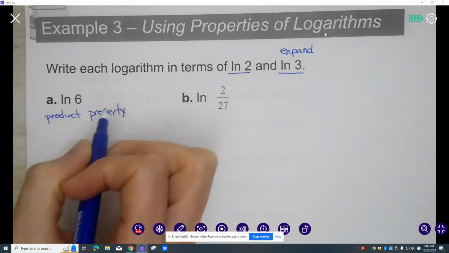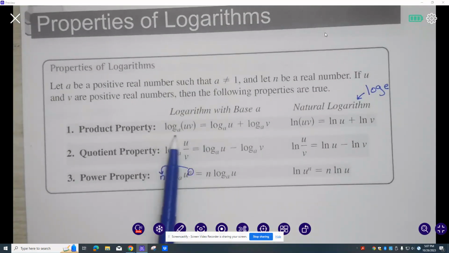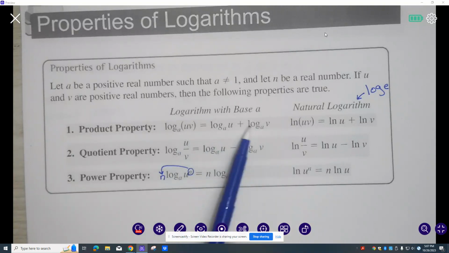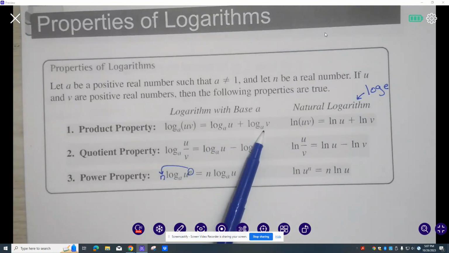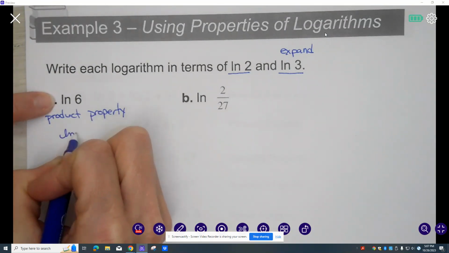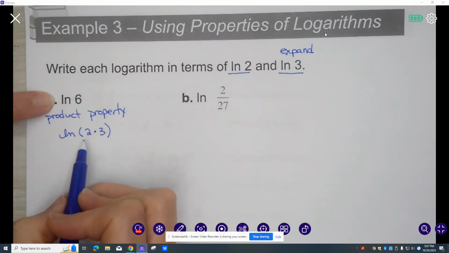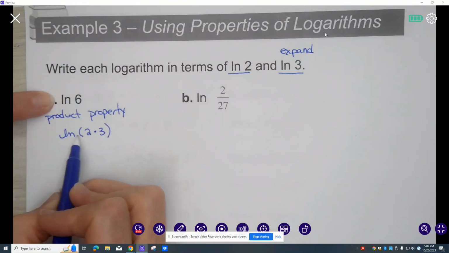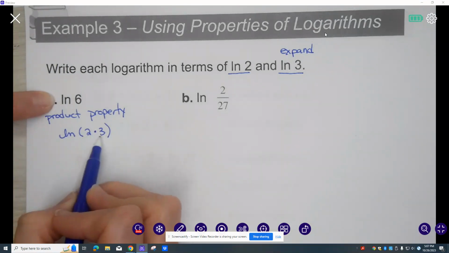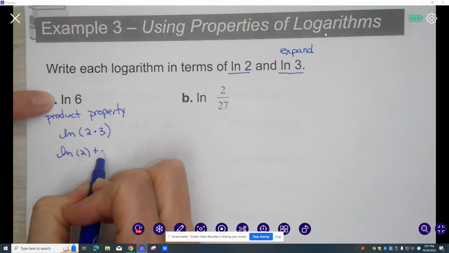So I'm just going to flip back here real quick, show you the product property. Hopefully you have your student notes in front of you. That's this one. 2 things multiplied together, I would separate them into addition. So first thing I'm going to say is, well, natural log of 6, I could write it as natural log of 2 times 3. And if I'm taking the log of 2 expressions or numbers multiplied together, multiplication becomes addition.